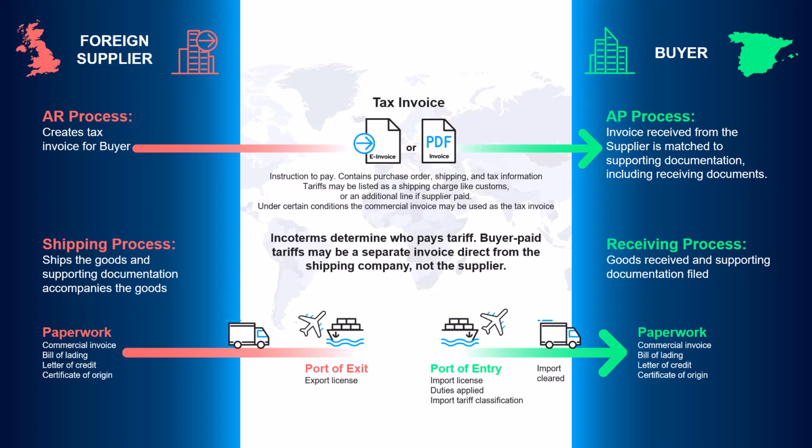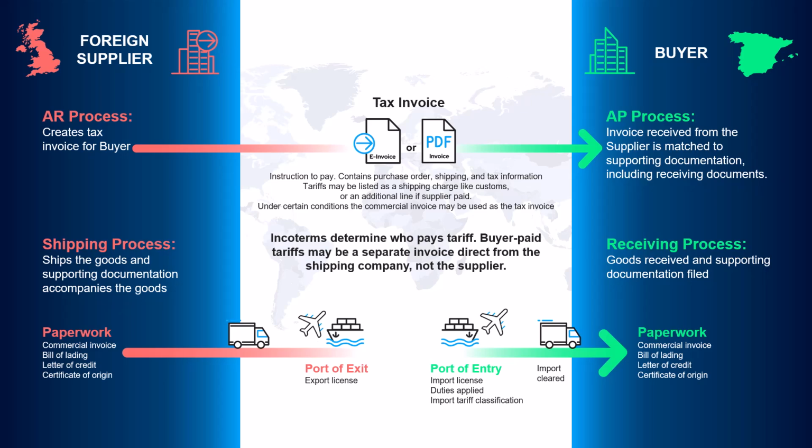But of course, the supplier will recharge the tariffs. And they do that in the tax invoice or the business-to-business invoice, which is typically an instruction to pay. The tax invoice will now reflect the total agreed price, and this agreed price will include the tariff. This agreed price is known as the landed cost.